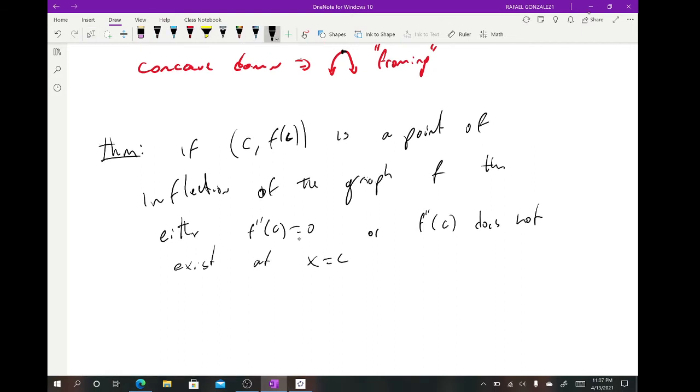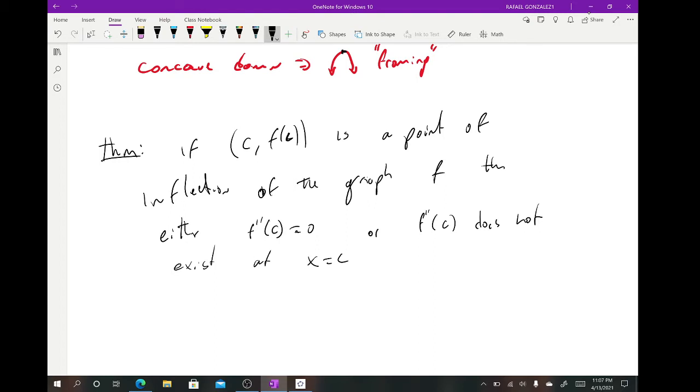So basically what this is saying is that a point of inflection happens when the second derivative is equal to 0. Okay. So when the second derivative is equal to 0 at a point c, we have a point of inflection.